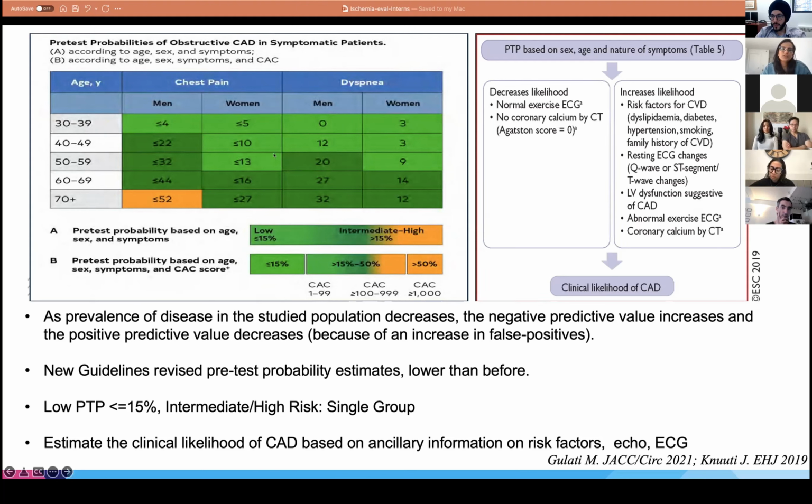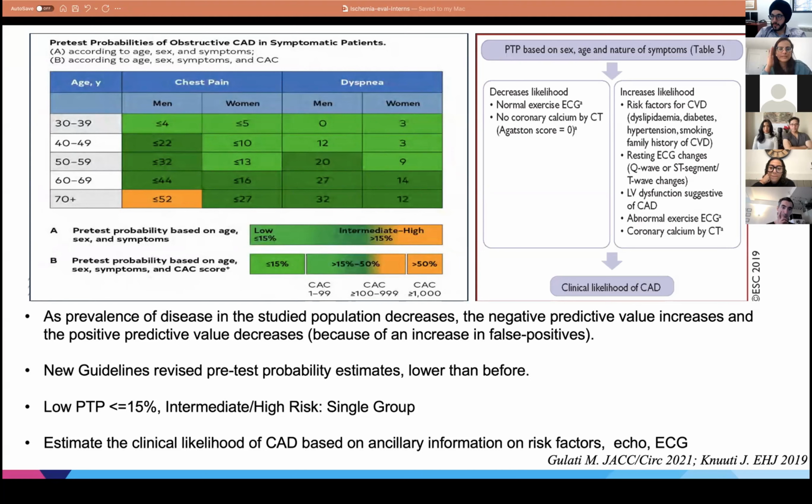And then once you determine in your head, when you're talking to the patient, what the pretest probability is, try to look for other things which can help you choose one way versus the other. So if the person's had an EKG, do they have any baseline EKG abnormalities? Do they have any other cardiovascular risk factors such as diabetes or smoking or dyslipidemia?